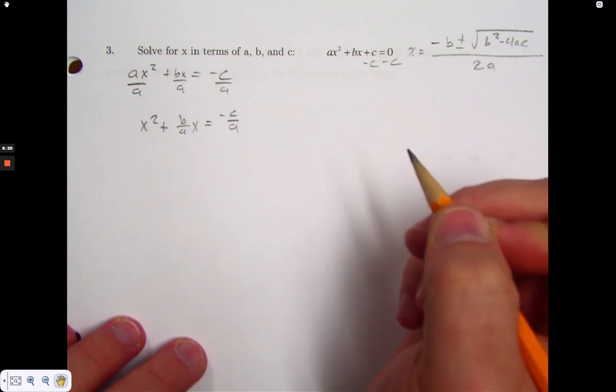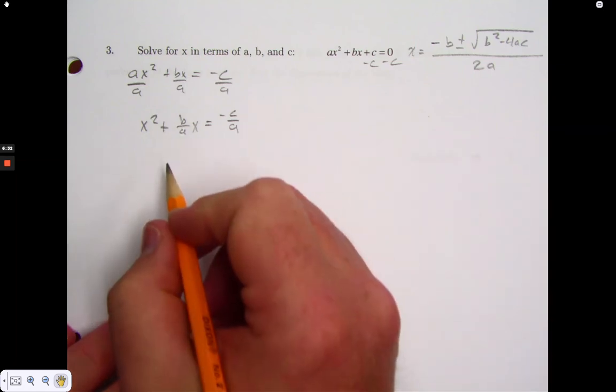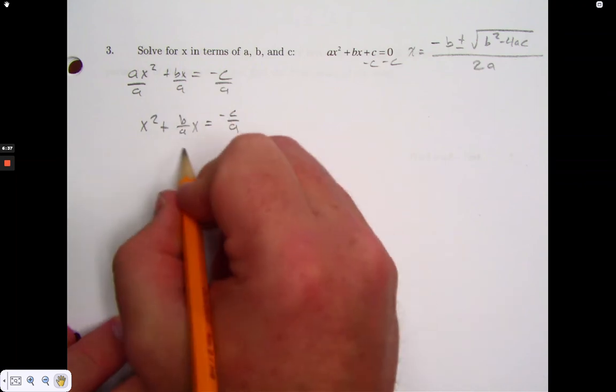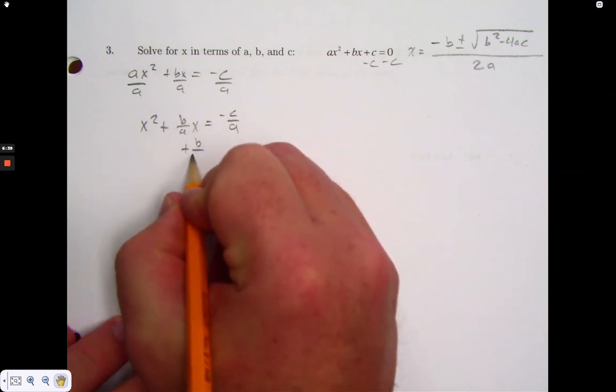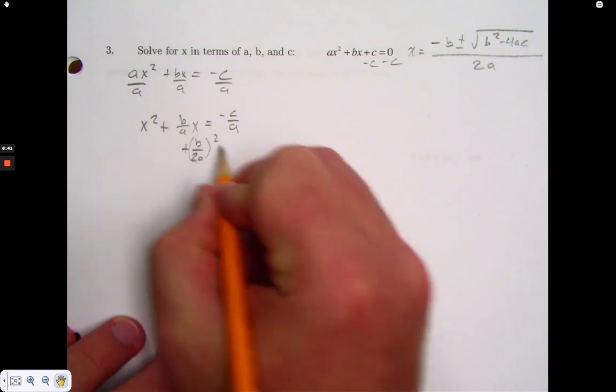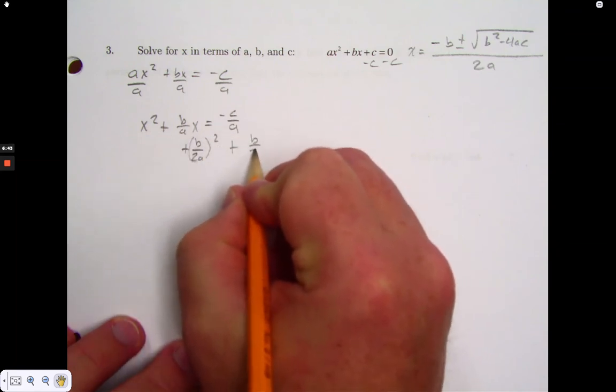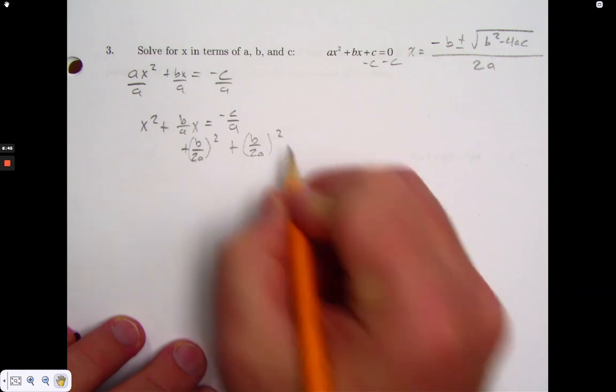Okay, now we're supposed to add that b over 2a squared. So now we add our b over 2a squared, so plus b over 2a squared.